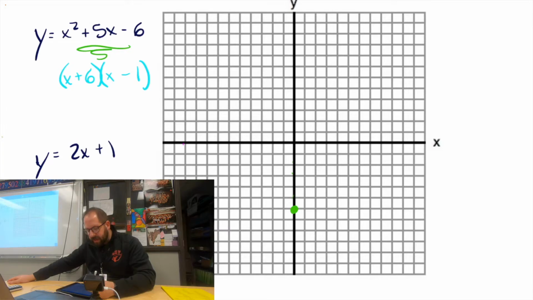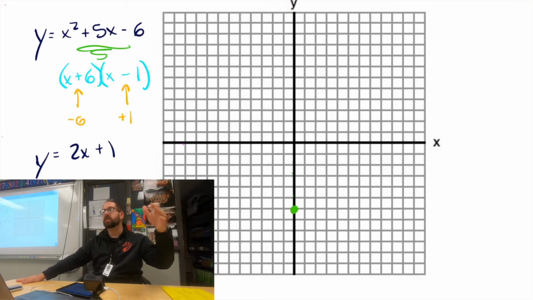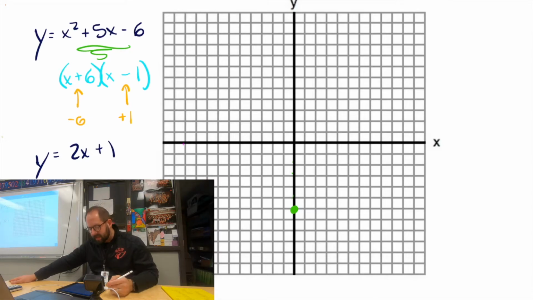And so the idea here is that the points where I'm hitting the x-axis, what would represent this parenthesis? What number? -6. And what would represent this parenthesis? +1, right? That's what we did in the previous chapter. It was literally on the chapter test we did. So -6. +1. Okay, is that 6? 1, 2, 3, 4, 5.